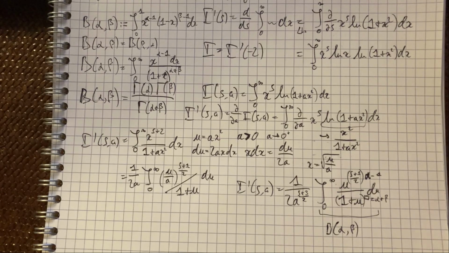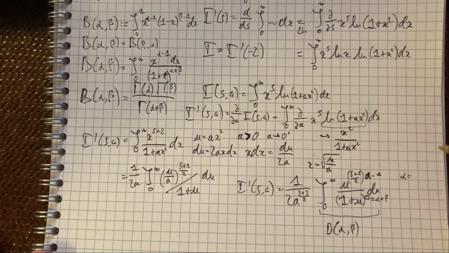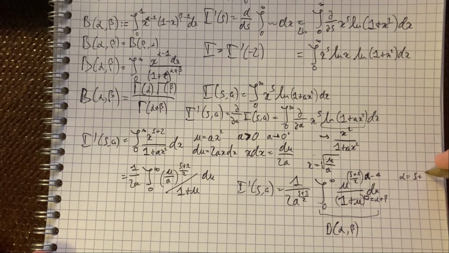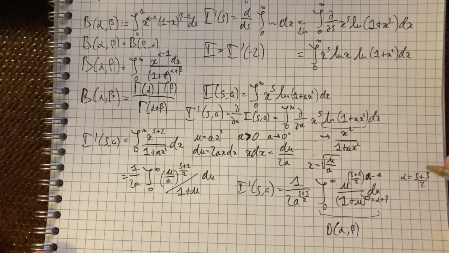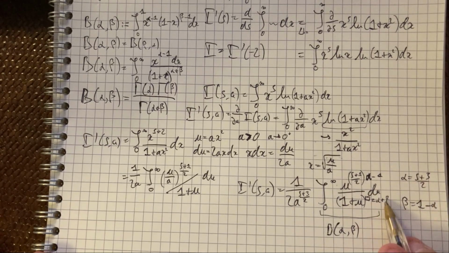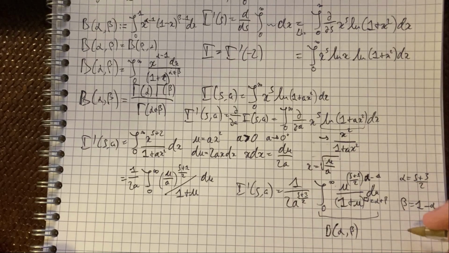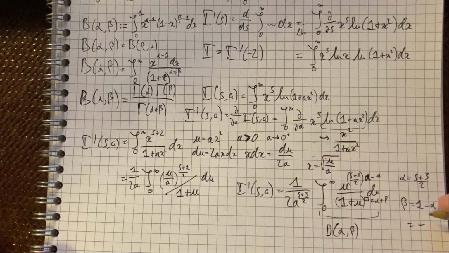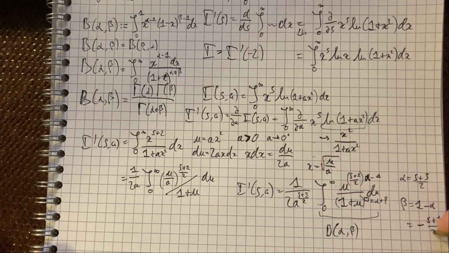So now we can identify alpha equals s plus 3 over 2, and beta equals 1 minus alpha, because the sum equals 1, which is negative of s plus 1 over 2.